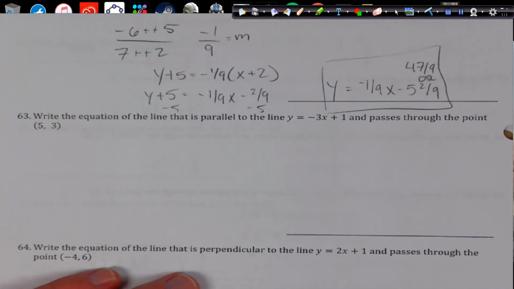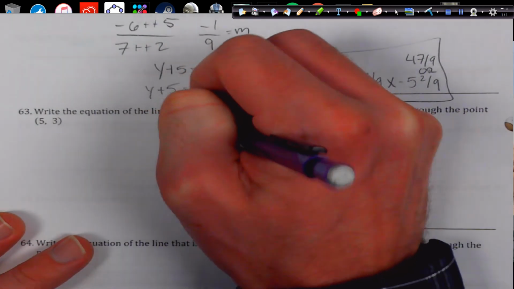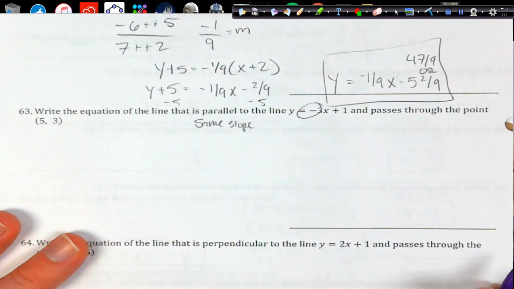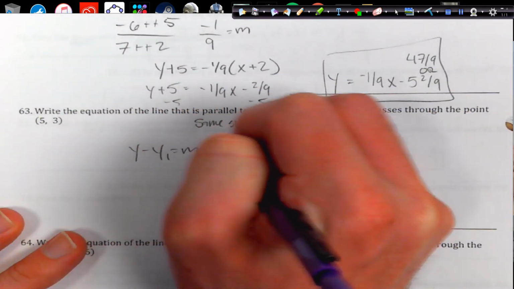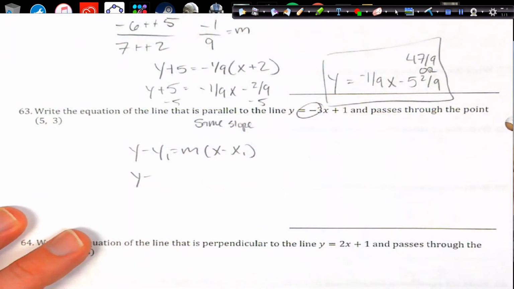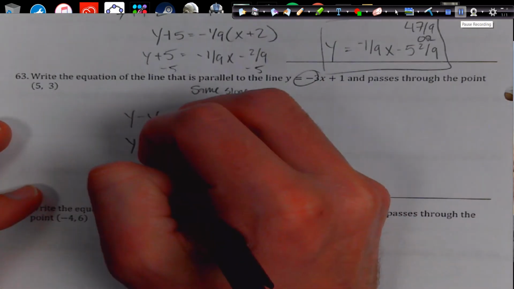Write the equation of a line that's parallel and passes through. Remember, parallel, we have the same slope. So I'm just going to steal this slope of -3 and write it into my equation. Okay, and 3.